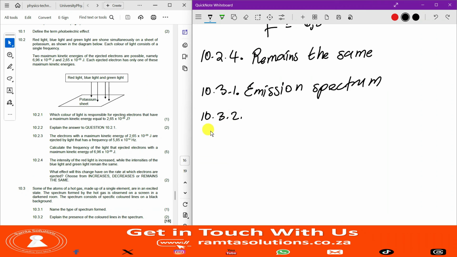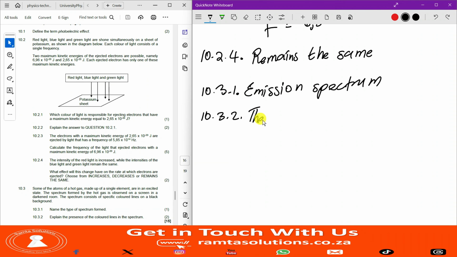Now 10.3.2, explain the presence of the colored lines in the spectrum. So what do these colored lines mean?